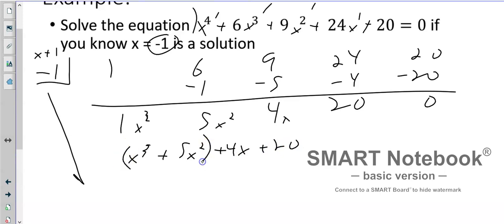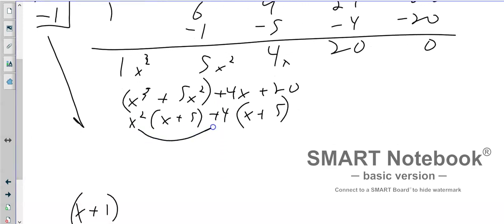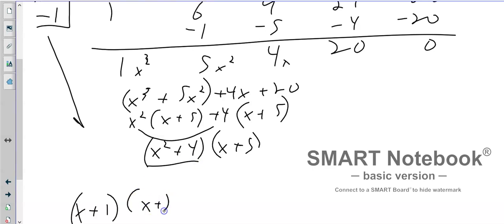We're going to factor by grouping. Take out an x squared, x plus 5. Put x plus 5 here. 4x divided by 4 will give me x plus 5. Put them together, x squared plus 4, x plus 5. Now, this is one of those special ones we learned about. It looks like a difference of squares, but it's a sum of squares. But that's all okay. We know how to deal with that. We factor the same way, x plus 2, x minus 2.